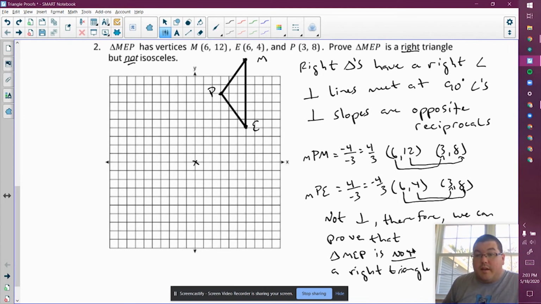Okay, so because we were able to demonstrate that there are no perpendicular lines, that means we can't have a 90-degree angle right here, and therefore this is not a right triangle.